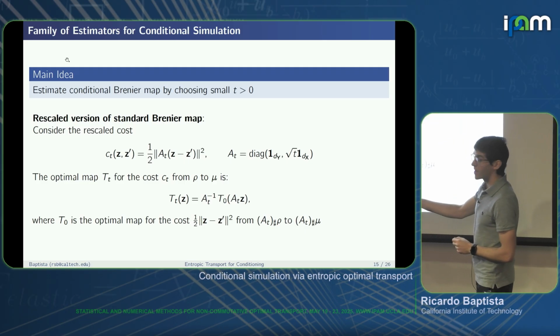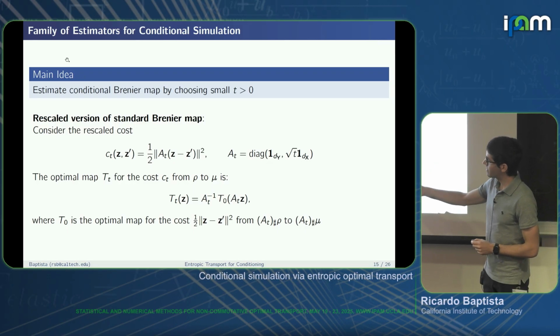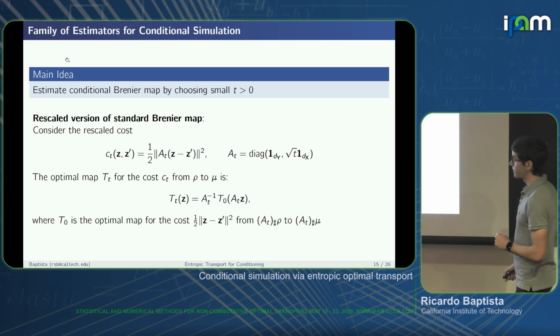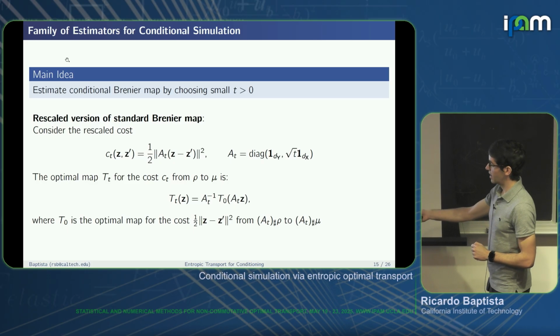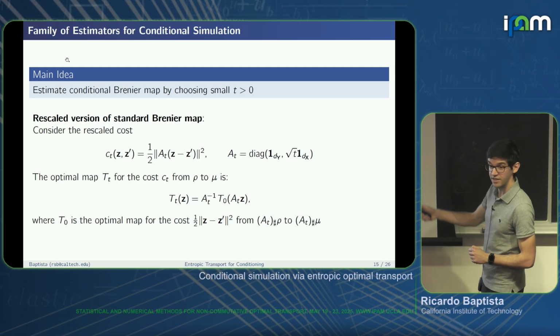Then the optimal map T_t with respect to this cost can be written by computing a map T_0, which is optimal with respect to the standard cost from the push forward of the reference and the target measure by this matrix A_t.